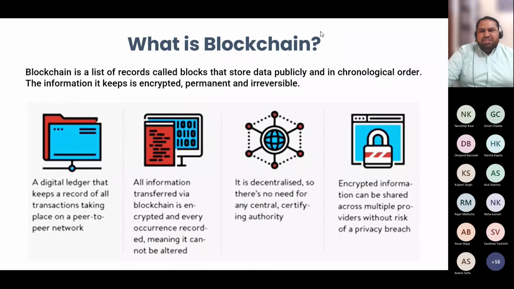But in the case of blockchain, we do not have any central agency who controls or provides any kind of authority to the blockchain. The information is shared in encrypted form across multiple providers without risk of a privacy breach. So this is a blockchain.